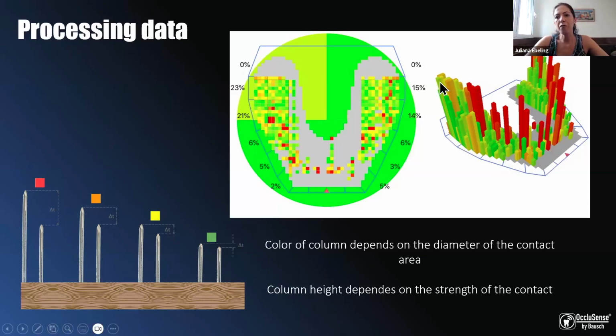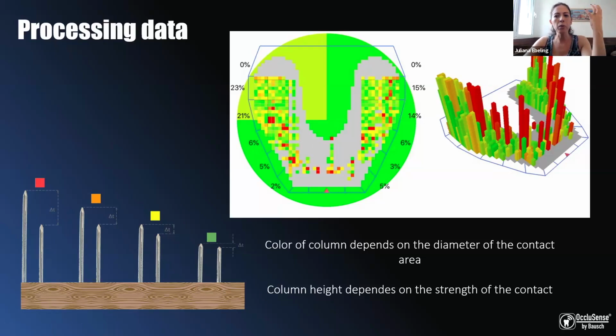So here I have green, orange, yellow, and red columns with the same intention. It's completely possible to have a large surface with a high intensity.